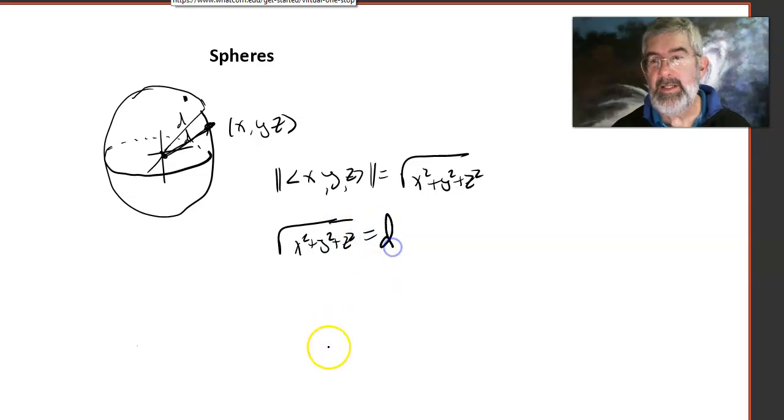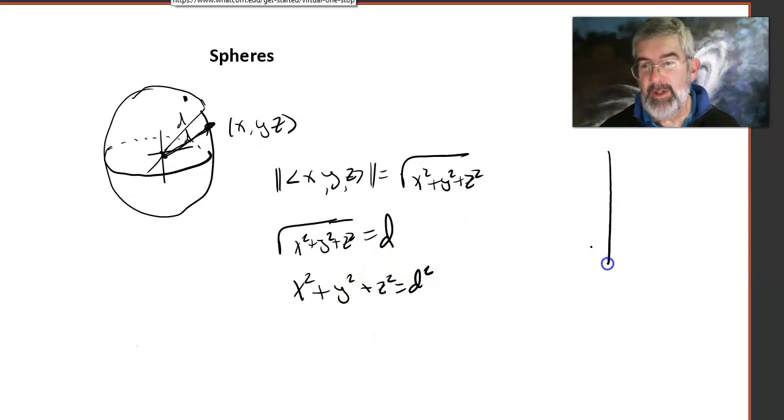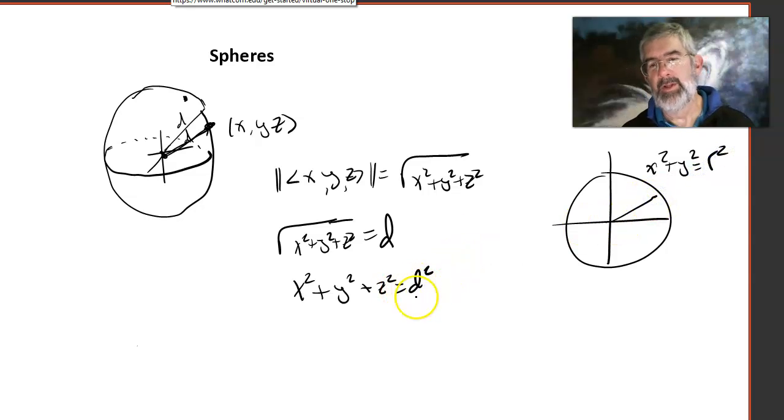to equal d. I could leave that as the equation of the sphere, but generally it's not written that way. We square both sides, and we say x squared plus y squared plus z squared is equal to d squared. Notice that this is very similar to the equation of a circle centered at the origin in the plane, where x squared plus y squared equals r squared, where r is the radius.